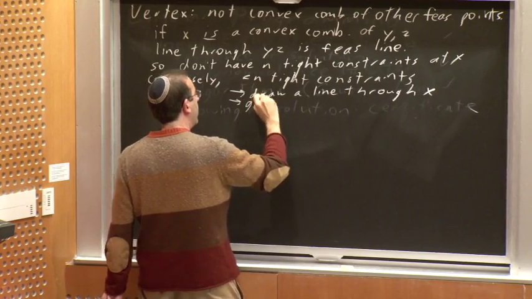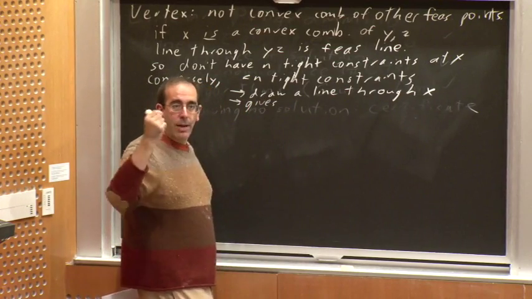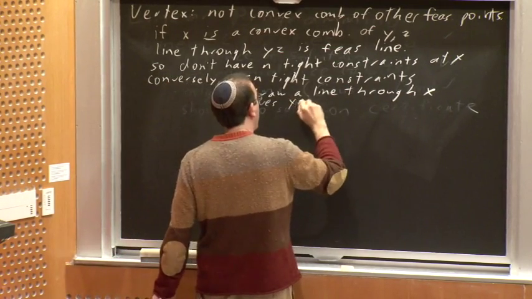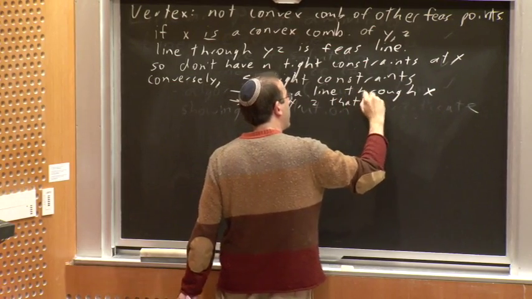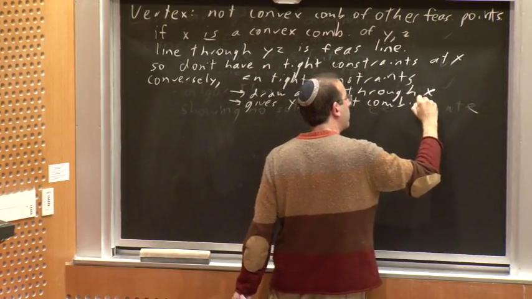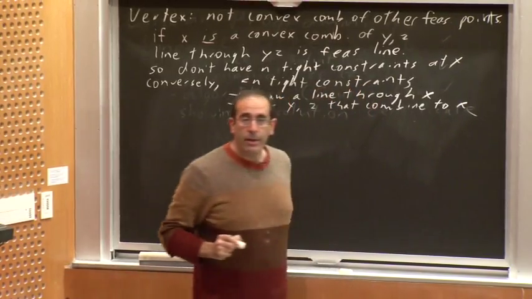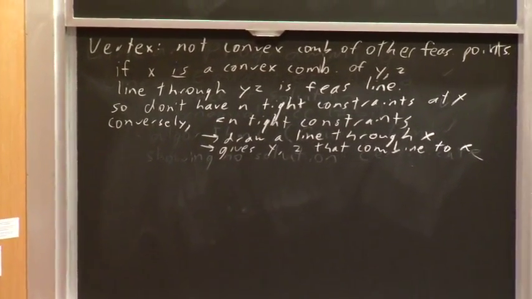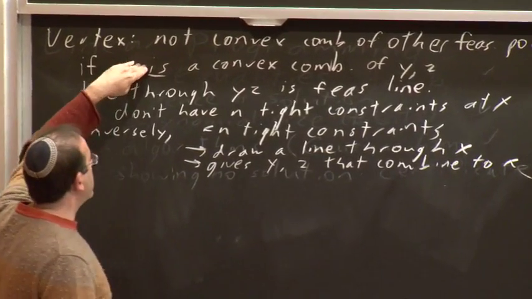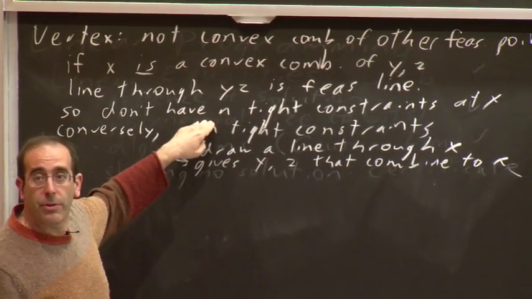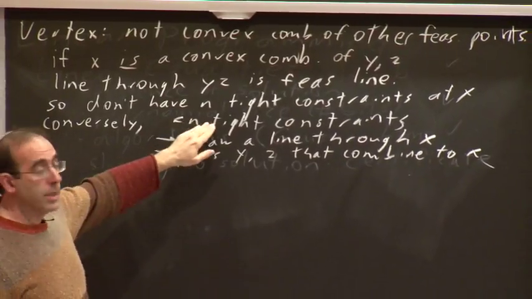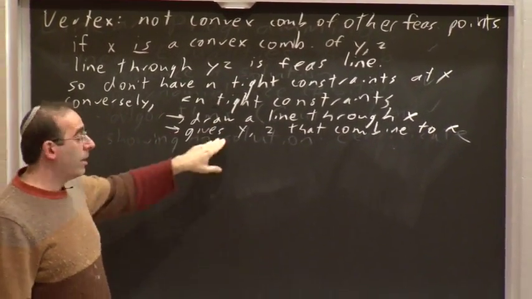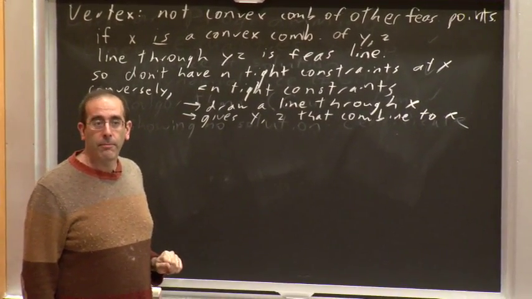And that gives me, by taking one point on each side of the line, y and z that combine to x. Yes? So if a point is not a vertex, then it is not a basic feasible solution, right? If a point is not a basic feasible solution, then it also is not a vertex.